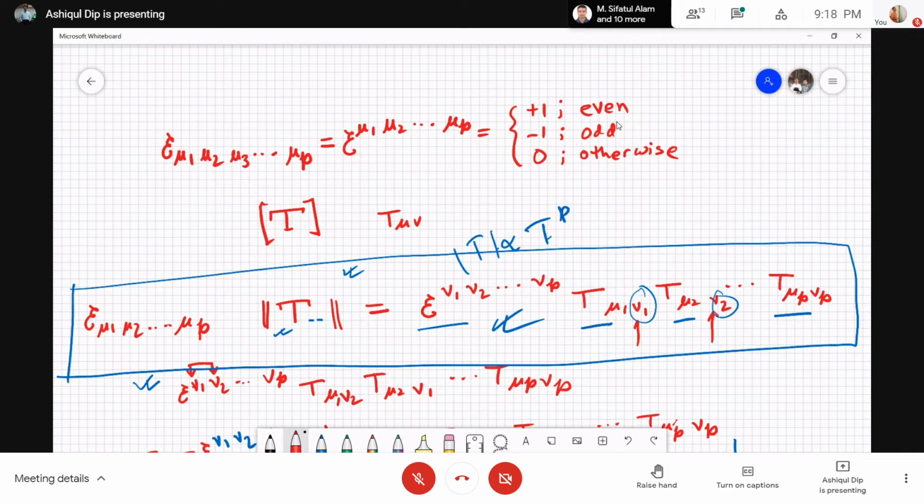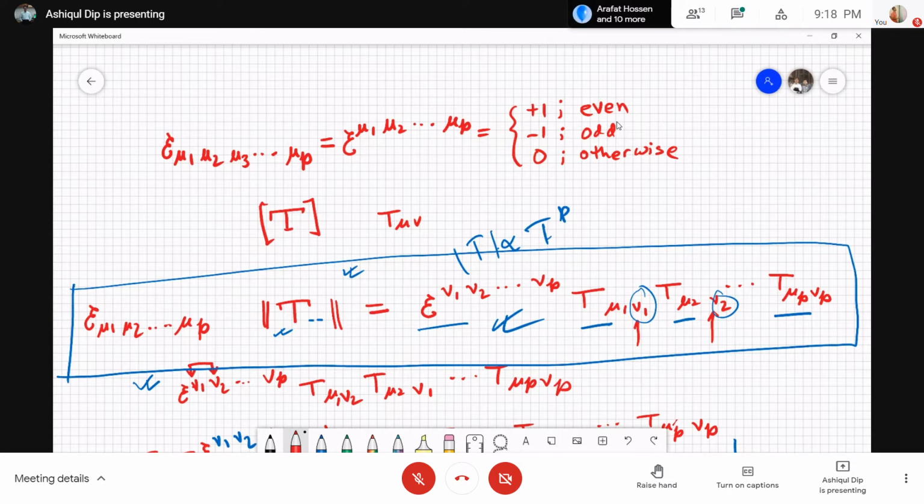I have a question about that permutation symbol. It is not the tensor component. We could expand our tensor in terms of it, but it's not a tensor component. A tensor component is a component of a tensor.